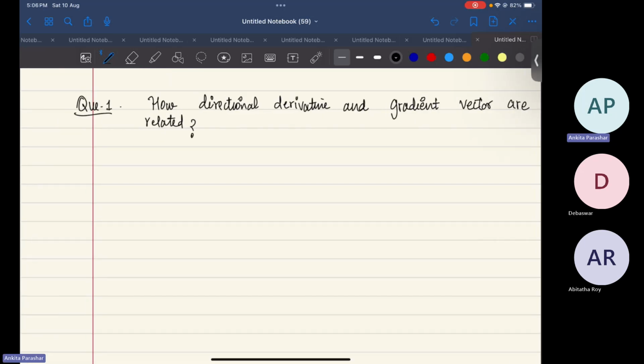So, the first question is how to relate the directional derivative and the gradient vector. Do you see any relation? Maybe you can recall your notes. It has been done in the lecture notes also.